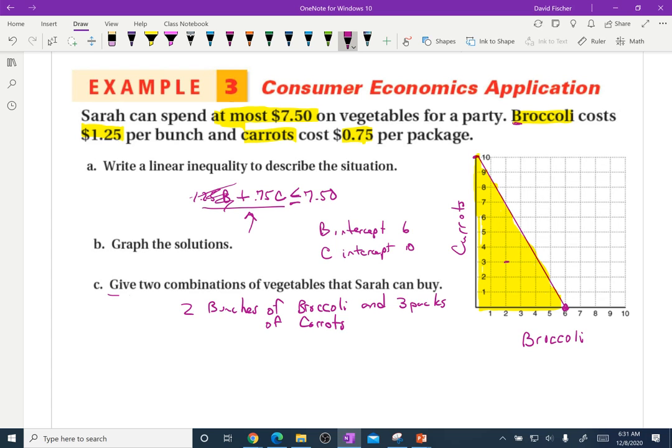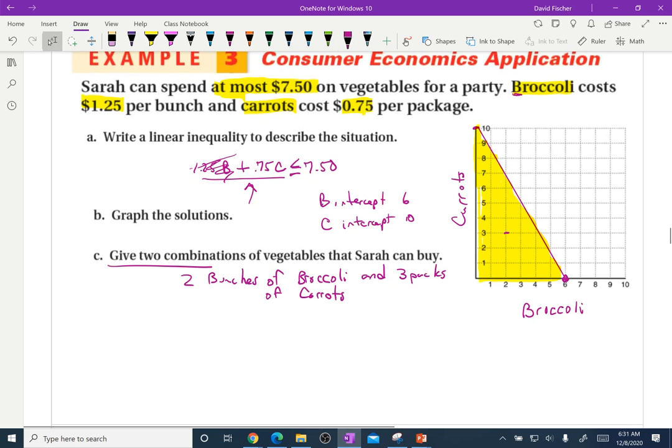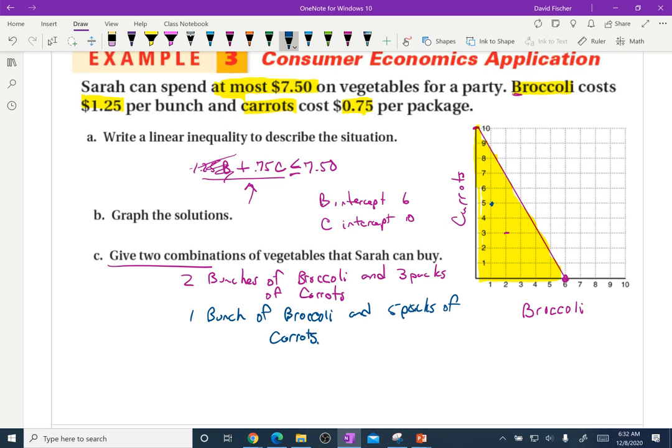They said 2 combinations, so let's pick another one. I want to put a different color pen here. I could buy 1 bunch of broccoli and 5 packs of carrots. Because that would be right there, and that's in my shaded area.